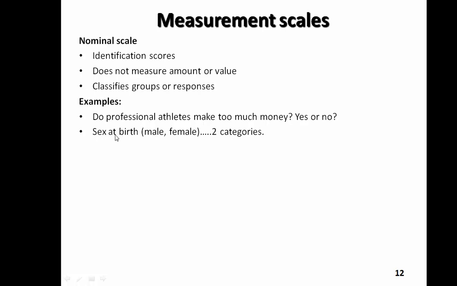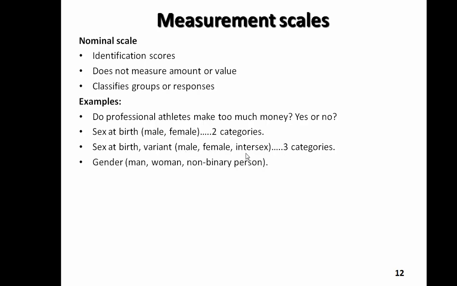Sex at birth is assigned as male or female, and so there are only two categories. The other definition, sex at birth variant, includes three categories: male, female, and intersex. And gender includes three categories: man, woman, and non-binary person.